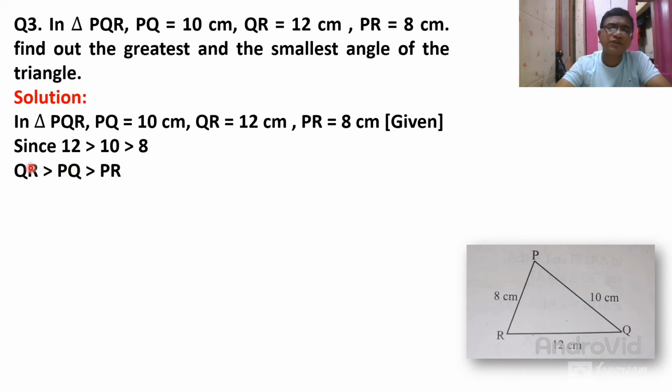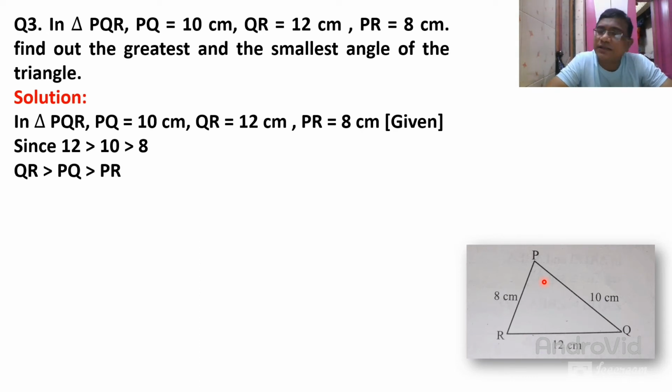So greatest is QR, so QR's opposite angle is greatest. See here, this is the QR. So QR's opposite angle is P. So P is the greatest angle. Remember that. The segment which is greatest, its opposite angle is greatest.